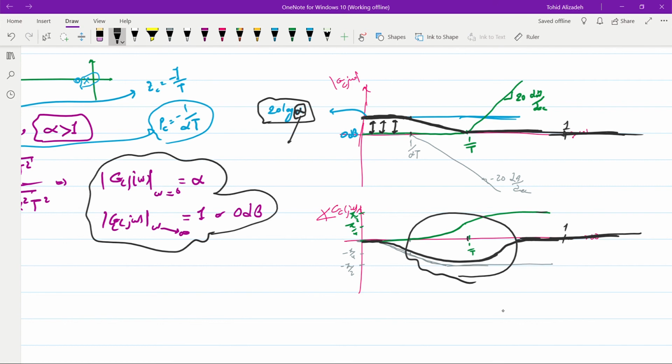And then you need to pick a value for 1 over t. You should choose the location for the 0 of the controller much below the crossover frequency. So you will have the flexibility over here.